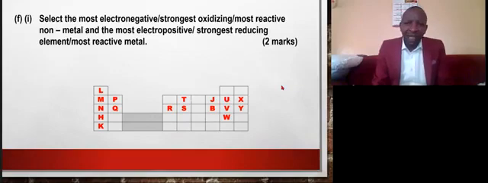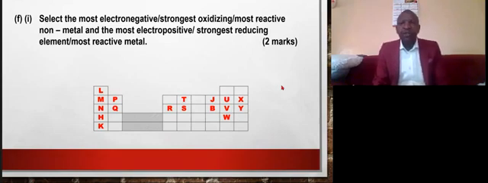The strongest reducing agent is synonymous with the most reactive metal, or the most electropositive, or the element with the highest tendency to lose electrons. So that is the strongest reducing agent.